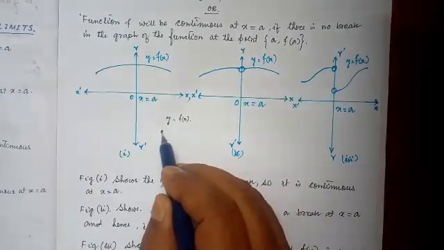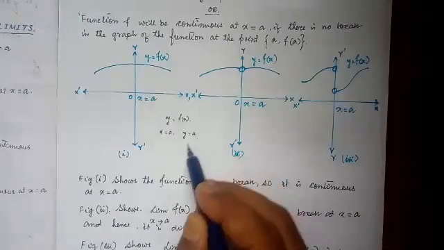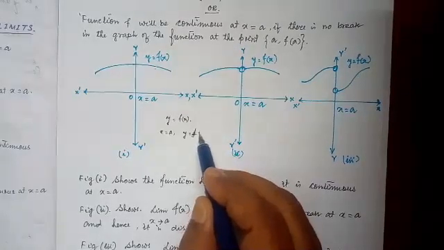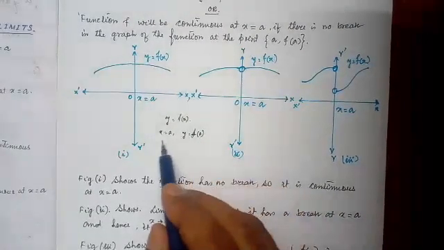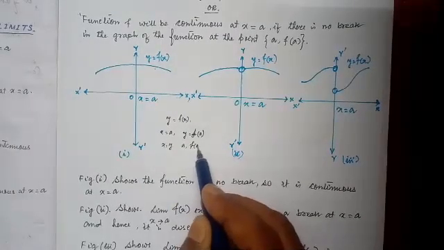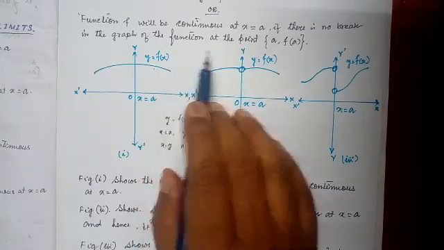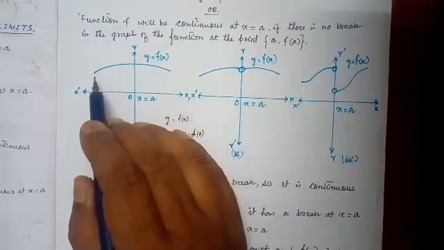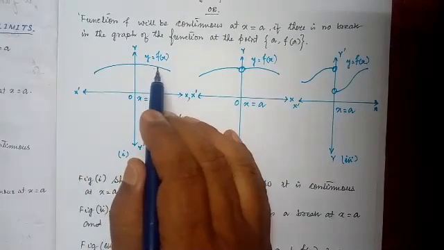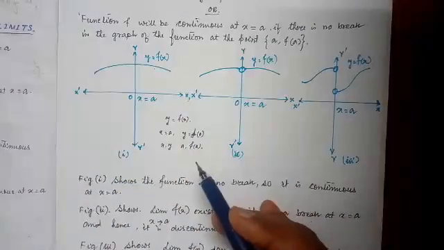For x is equal to a, y is equal to f of a. That is, the point x comma y is a comma f of a. So that is, there is no break while sketching the graph of the function y is equal to f of x at the point a comma f of a.